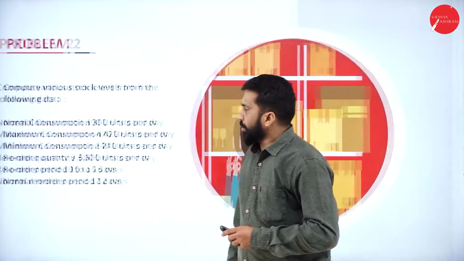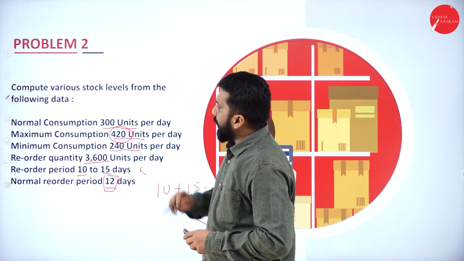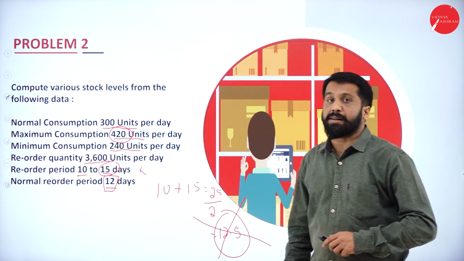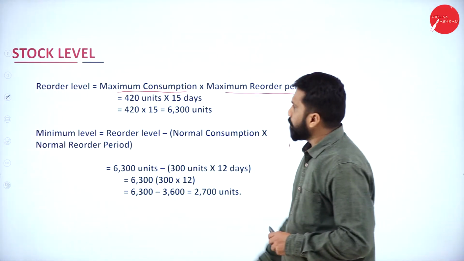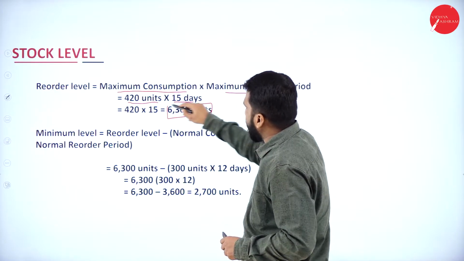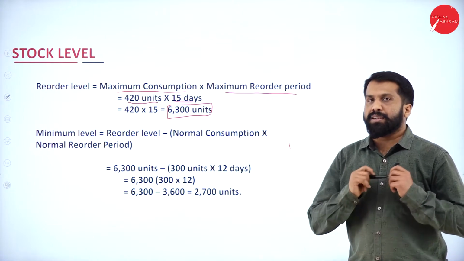I'll go back to your question. The maximum consumption is 420 and the maximum reorder period is 15. 420 multiplied with 15, you will get the answer of 6300. Any doubt? No doubt.